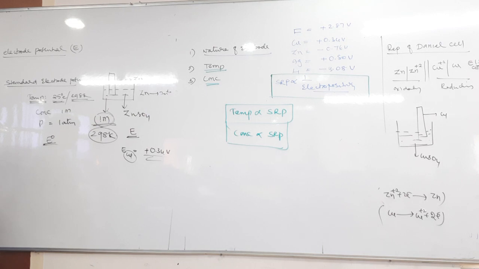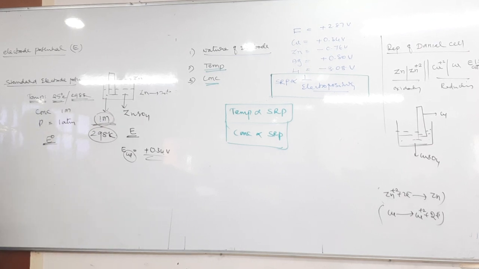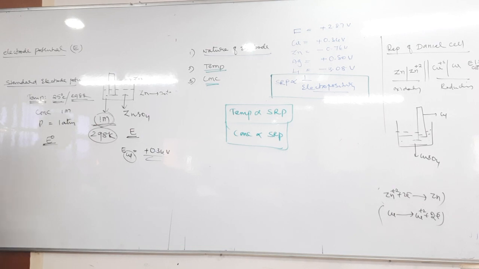Next, standard electrode potential. The potential difference is developed at electrode when an electrode is in equilibrium with, now what should we write? With a 1 molar, 1 capital M solution of its own ion, and at 298 Kelvin.